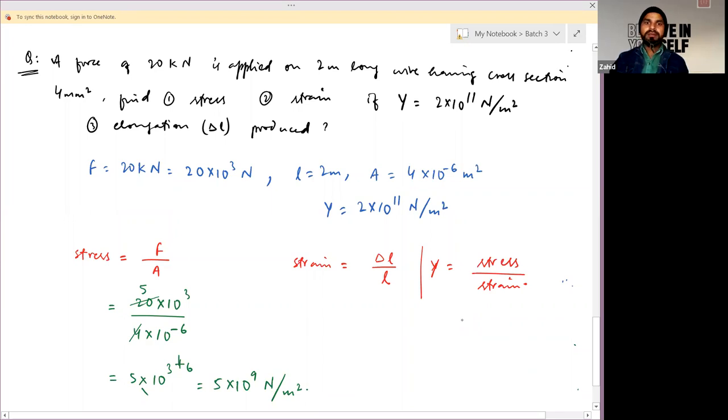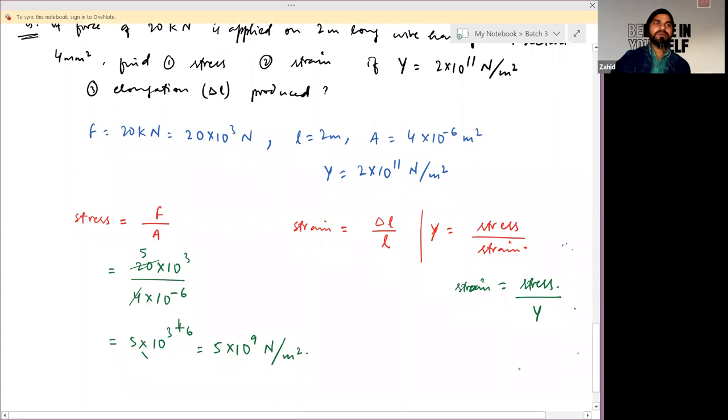Now for strain, since in this question we don't have delta L, we don't use this formula. So just use this term. Strain will equal stress divided by Young's modulus. You have calculated the value of stress, and the value of Young's modulus is already given in the question. Put these values and try to find the value of strain.